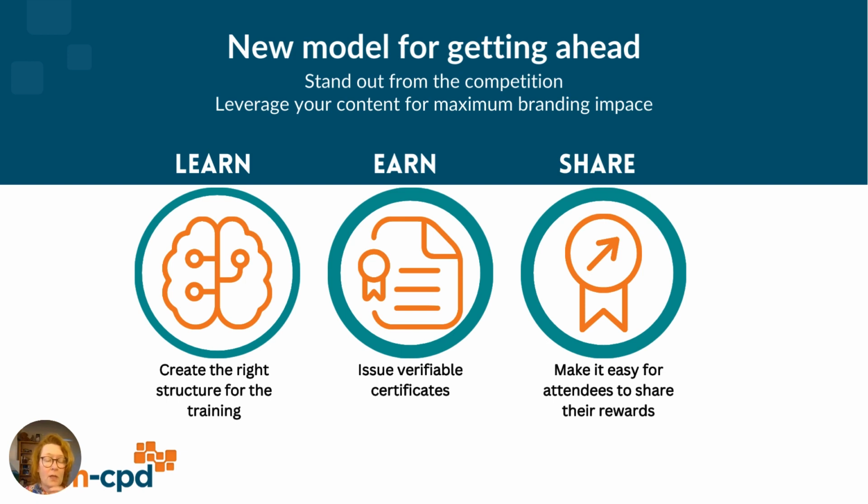A lot of the training needs to be refreshed. Obviously some lasts longer than others, but sometimes whatever we learn today, we need to repeat, we need to learn new things all the time. So it is absolutely vital that learning is effective and leaves a footprint. And that's the learn part of a learn, earn, and share model.